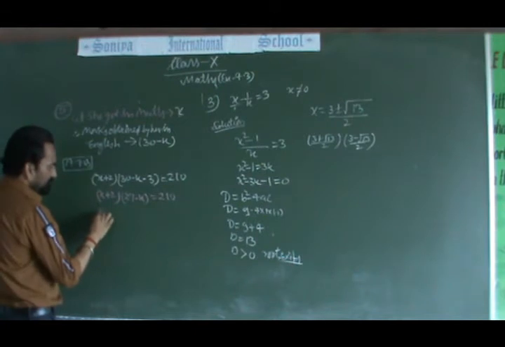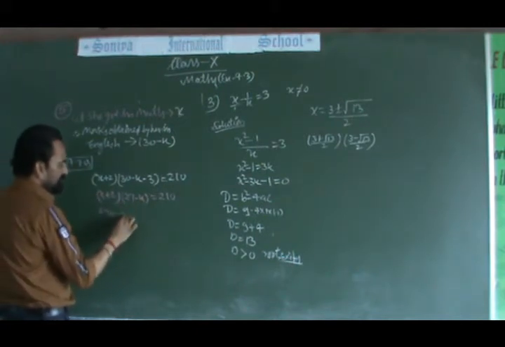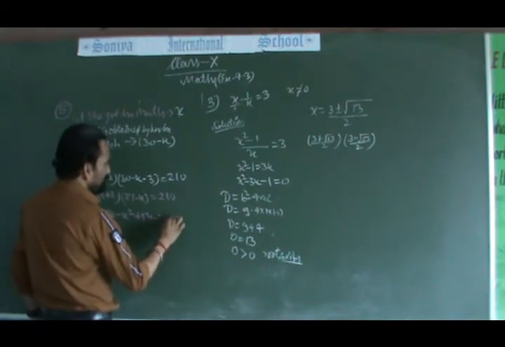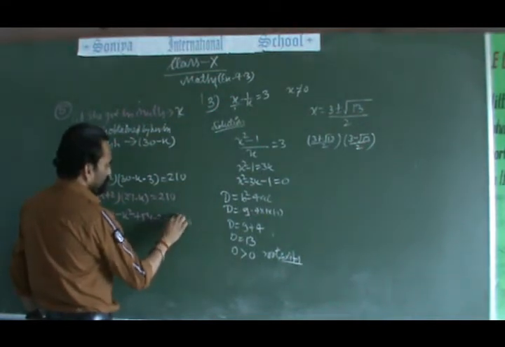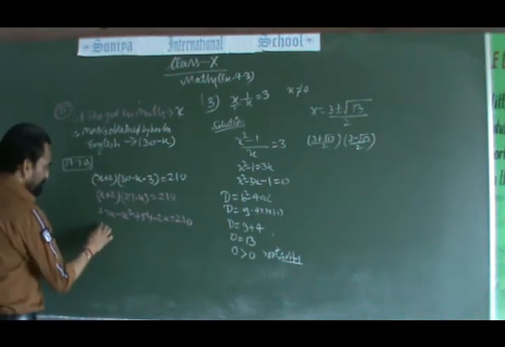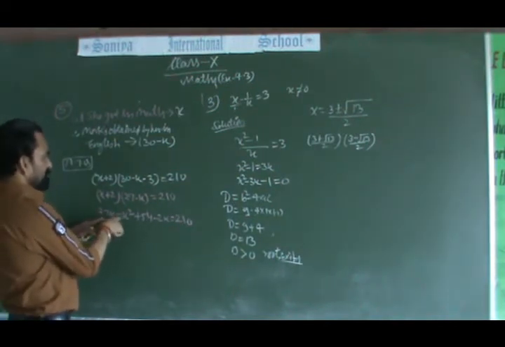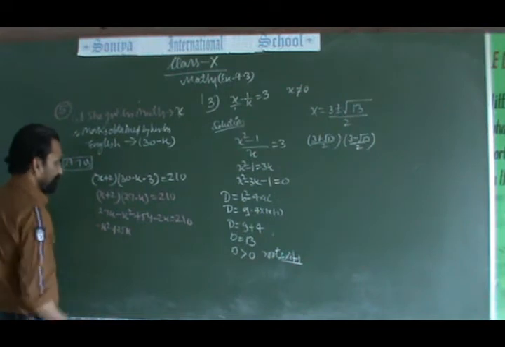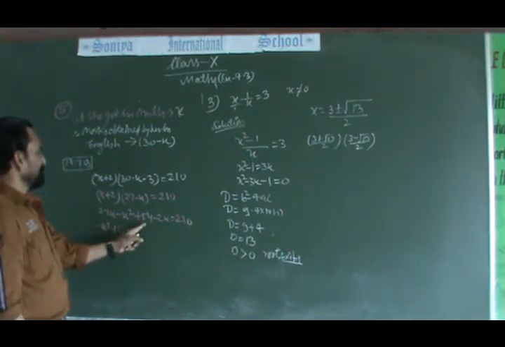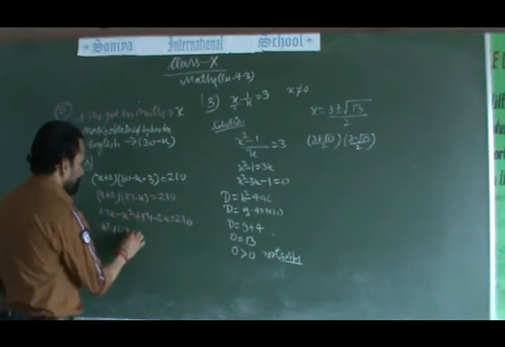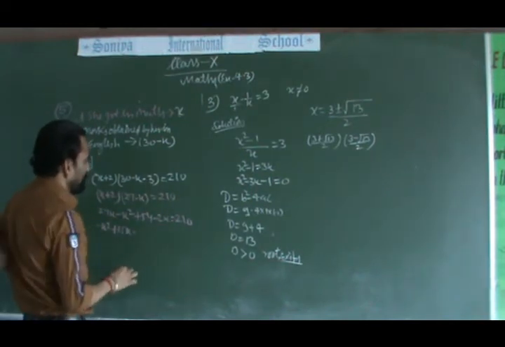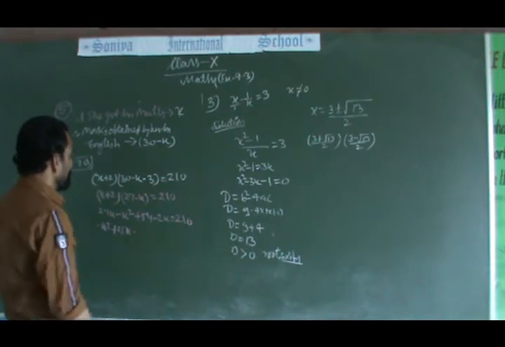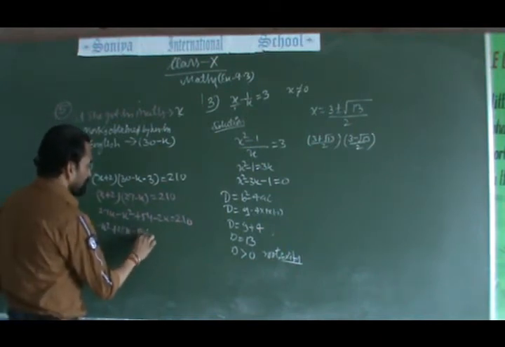x into 27, 27x; x into minus x is minus x square; plus 54 minus 2x equals 210. So minus x square plus 27x minus 2x is 25x, plus 54 and minus 210 gives minus 156.